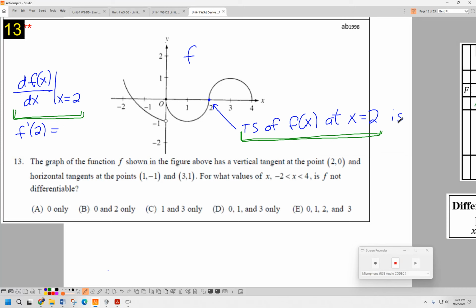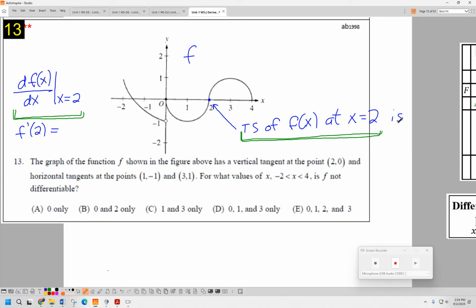Okay, it said that at x equal 2, there's a vertical tangent. Hands up. Don't say it out loud. What is the slope of a line that is vertical? Let's go, Ellie. Well, this is undefined. Who agrees? 2 points. Vertical lines have an undefined slope. Some people like to say the slope is infinite or negatively infinite.